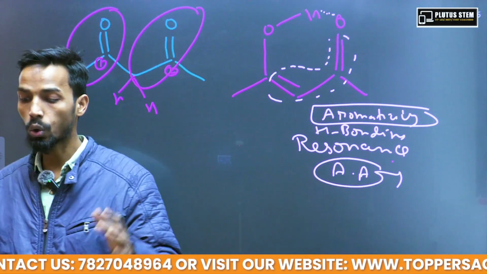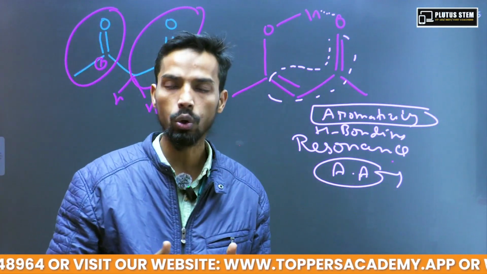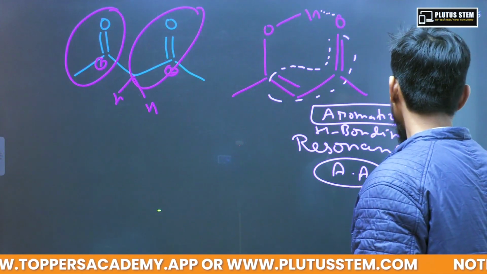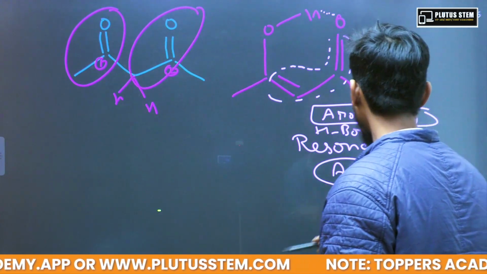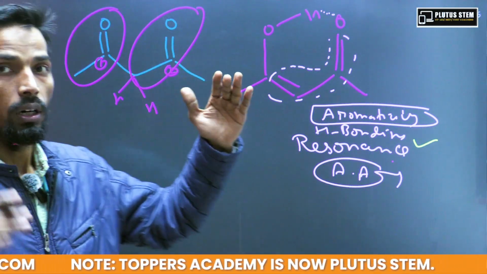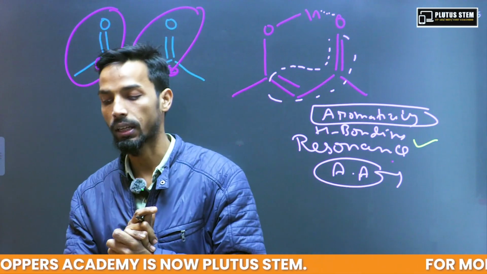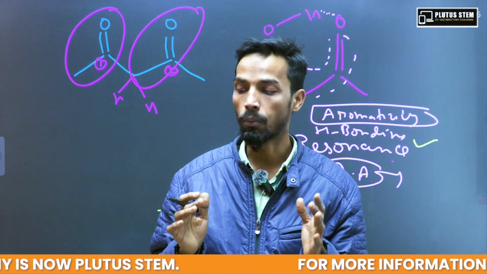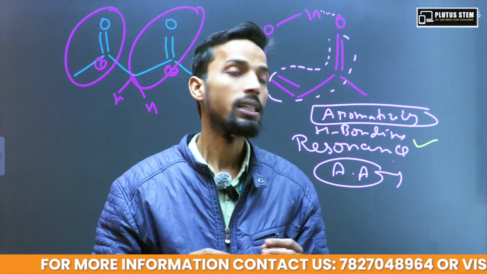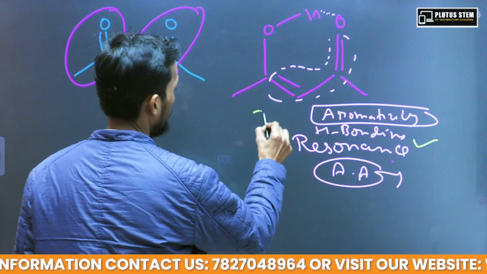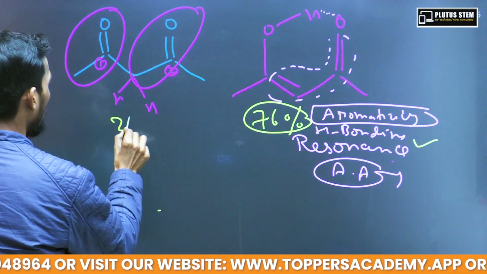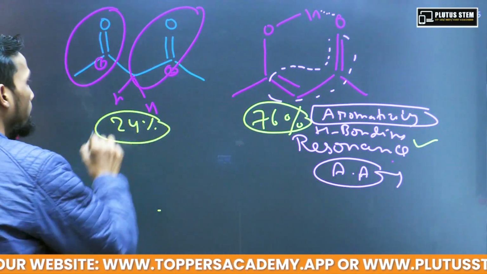But generally, due to this conjugation and due to this hydrogen bonding, here the hydrogen bonding is also there, and over here conjugation is also there, which means double bond, single bond. That's why this type of interaction is giving rise over here. So this is a bit more stable, and we are getting 76%, and the rest, this one, is 24%.